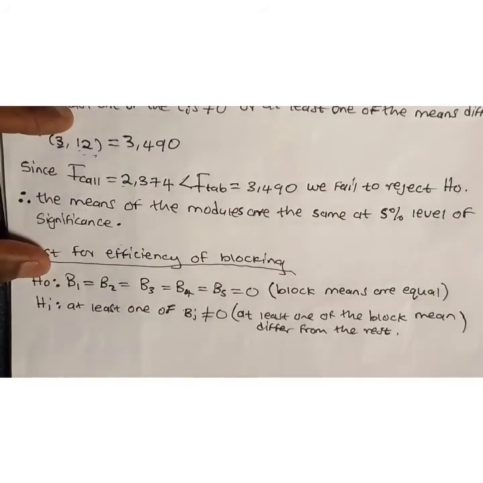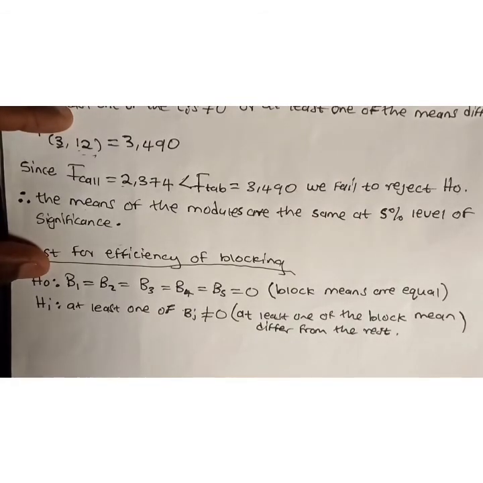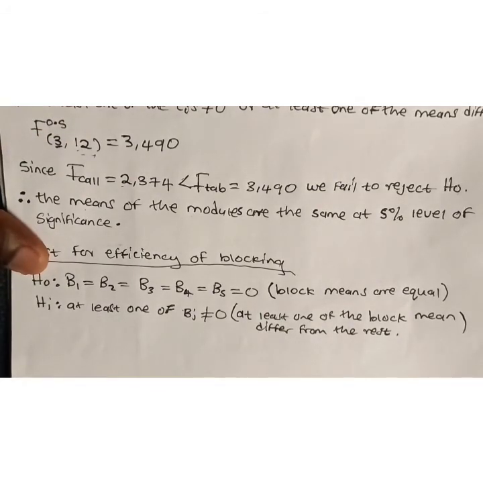So we also need a critical value from the F table at 5% level of significance with degrees of freedom of the block, which is 4, and of the error, which is 12.